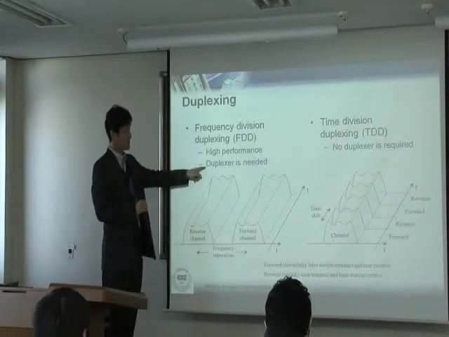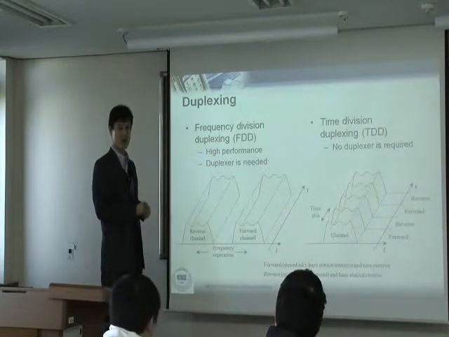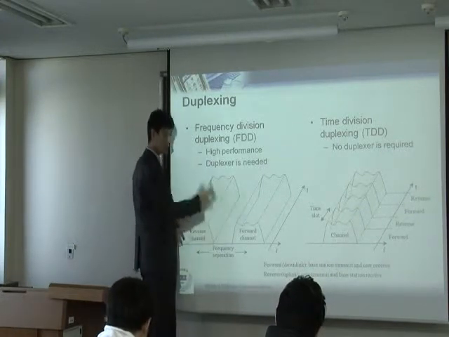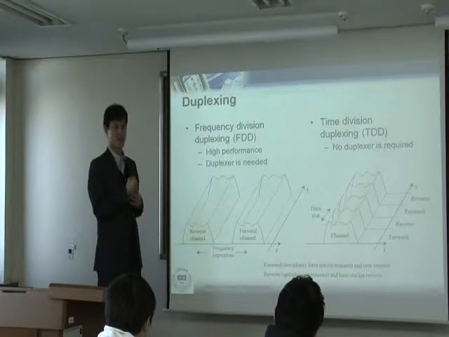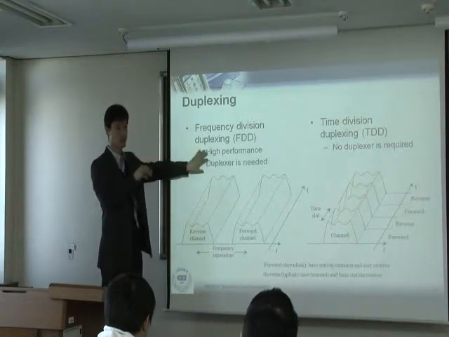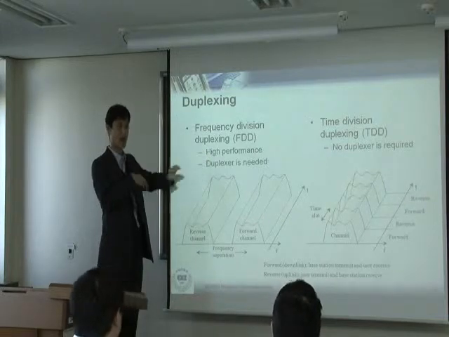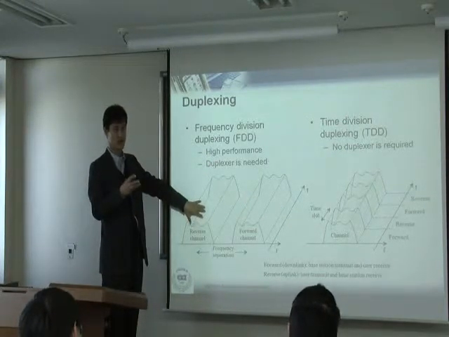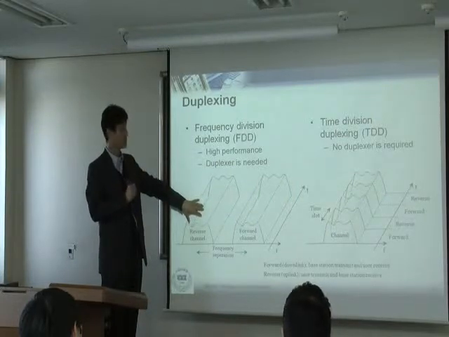Because this is an RF device, right? This filter is RF. It sits just right after the antenna. As soon as you get the signal from the antenna, you have a duplexer right there. In RF frequency, you cannot have an RC passive filter.